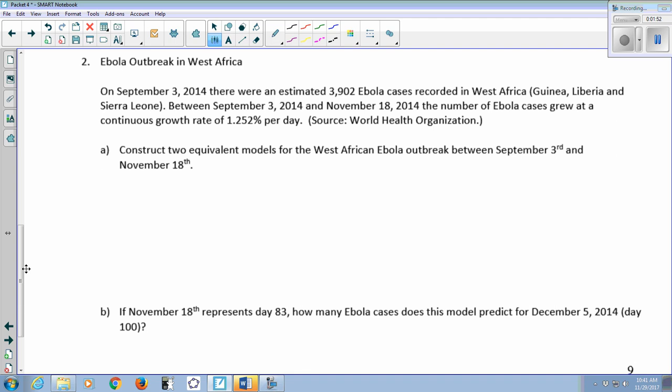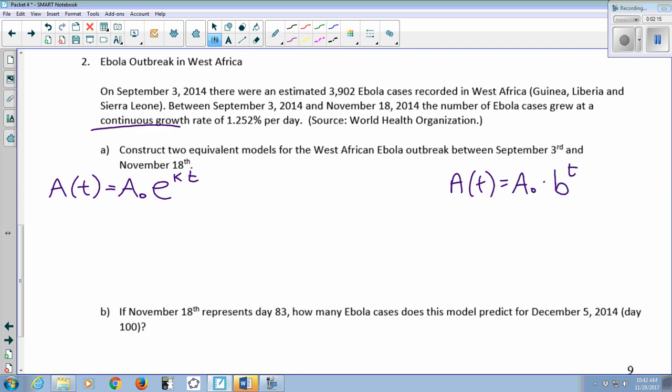So we see that word continuous, then I'm going to use the e to the kt model. It says construct two equivalent models. So I've got A of t equals a naught e to the kt. That's one model, and that's what I'm going to start with because they gave me the continuous growth rate. And then my other model is A of t is a naught times b to the t.